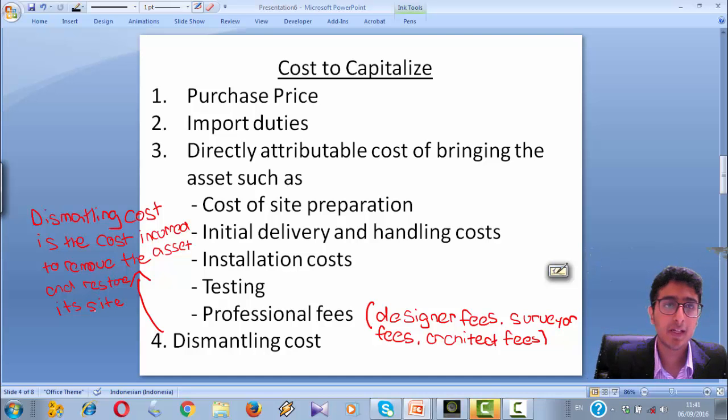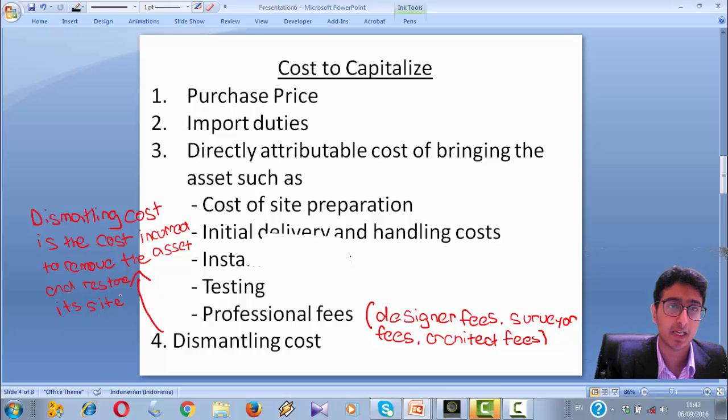Dismantling cost is the cost incurred to remove the asset and restore the site. Now, usually once the useful life of the asset is finished, there can be scenarios where we will have to pay to remove the asset or to destroy the asset, you can say. Now, this is what you call dismantling cost.